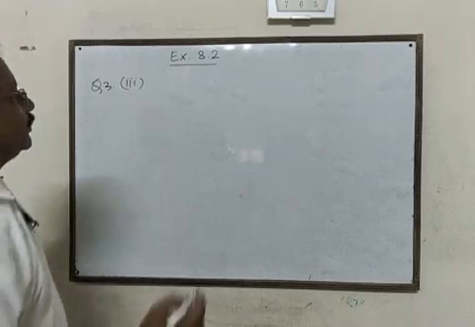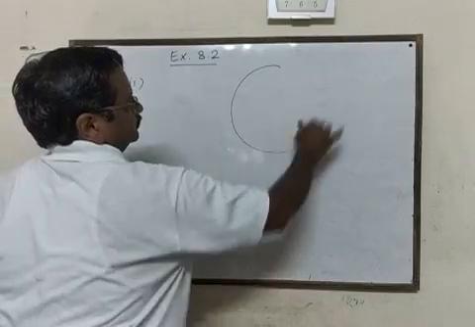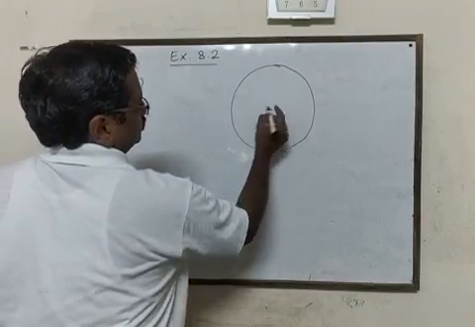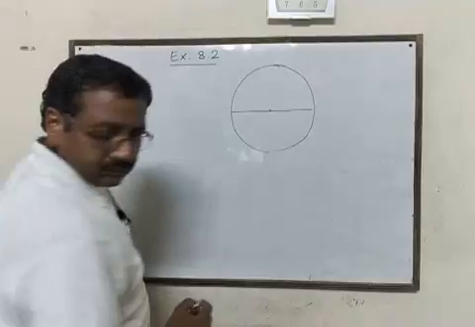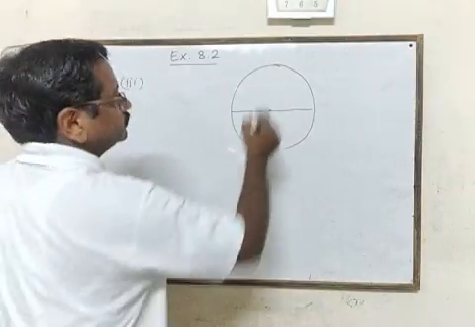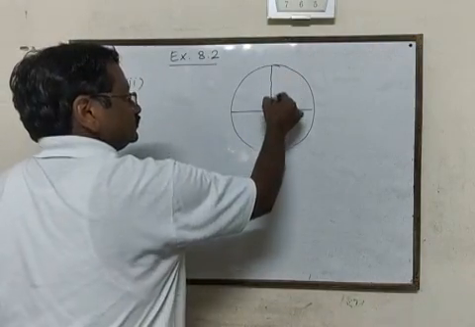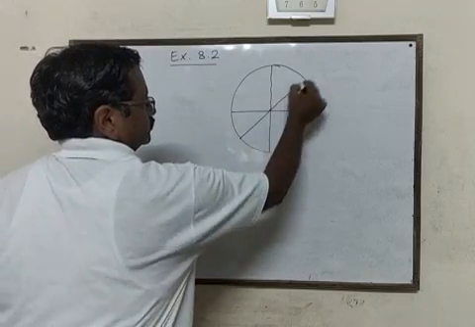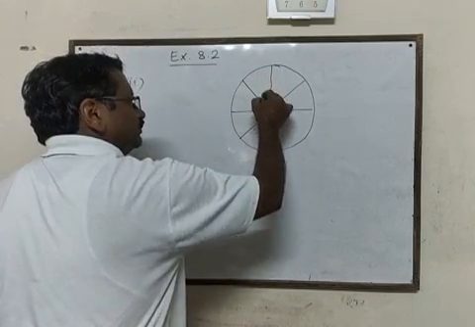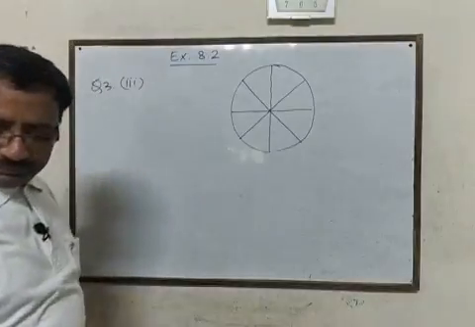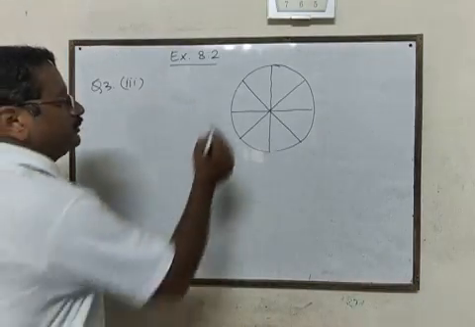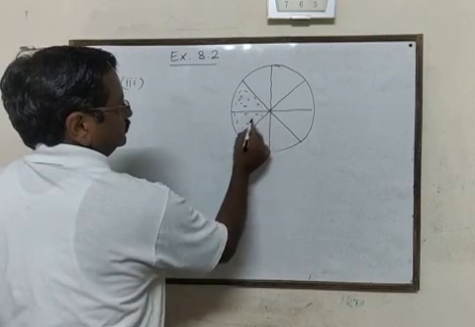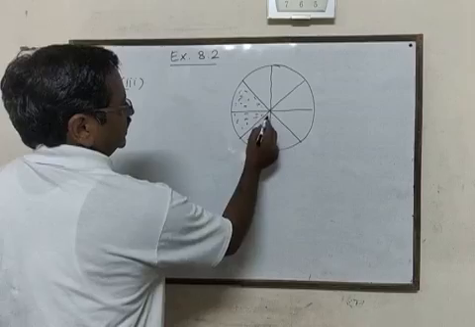So total 8 parts are there here. And out of these 8 parts, 3 are this one, and this one. These are shaded.